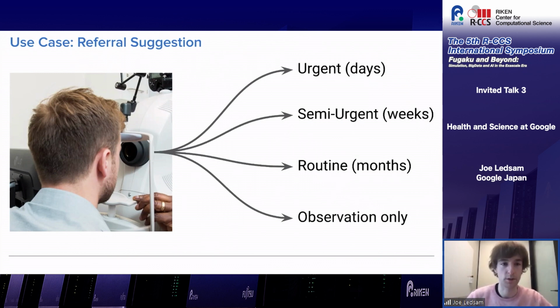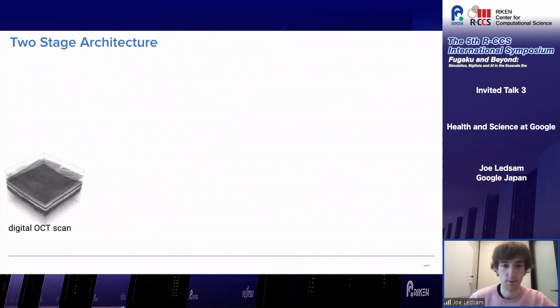So what we want to do is to be able to triage all of the scans into these four categories, from urgent, that need to be seen in a matter of days, to those that don't really need to be seen, which we term observation only for the paper.